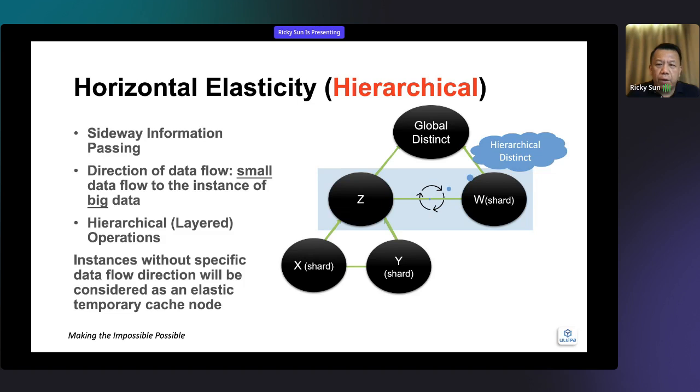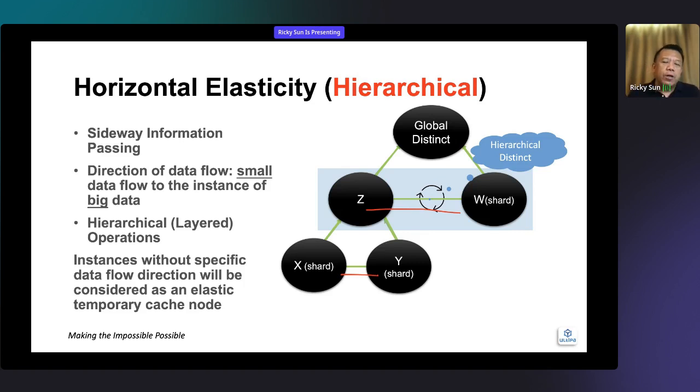For instance, here from Z to W, from X to Y. And the direction of data flow is always from small data to the instance of bigger data, right? Always, because from the cost perspective, you want to do that wisely, right?